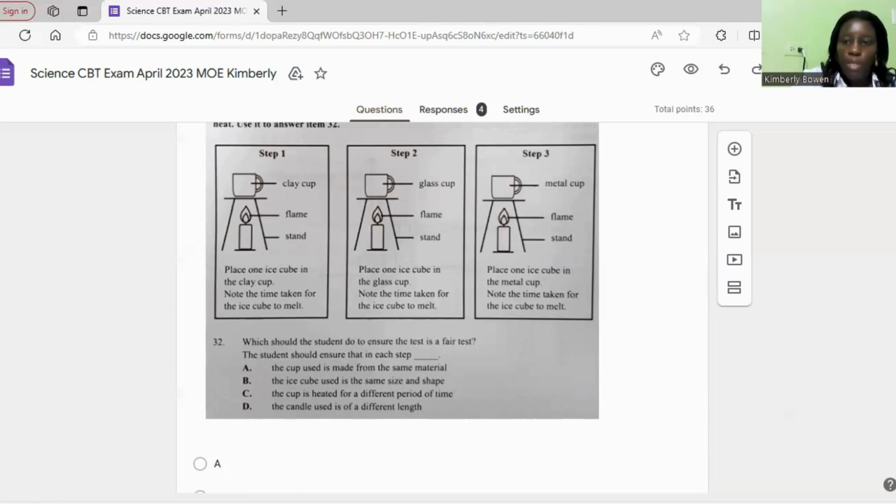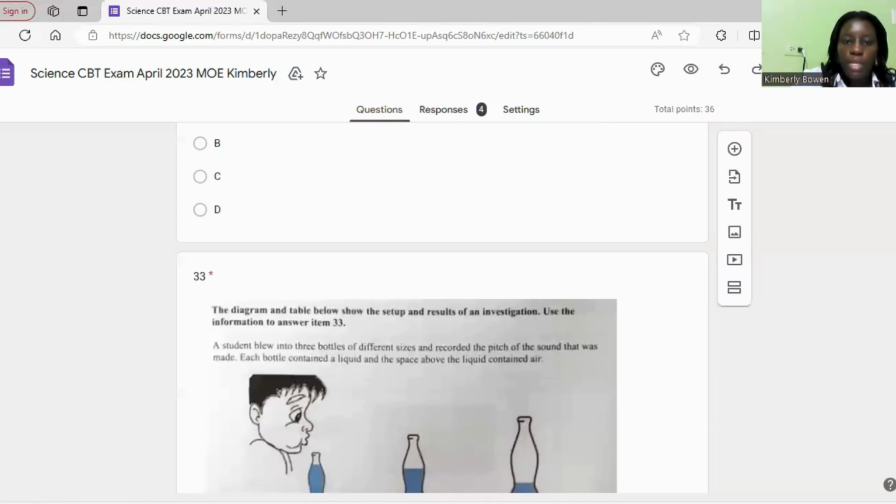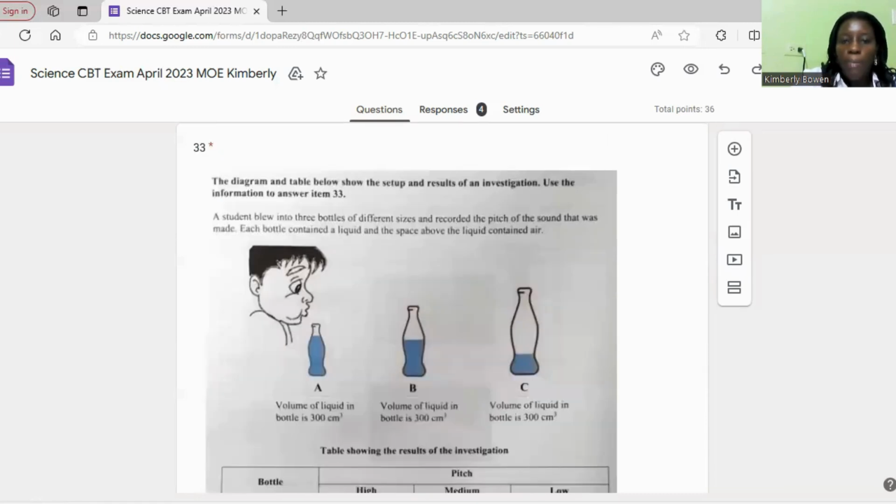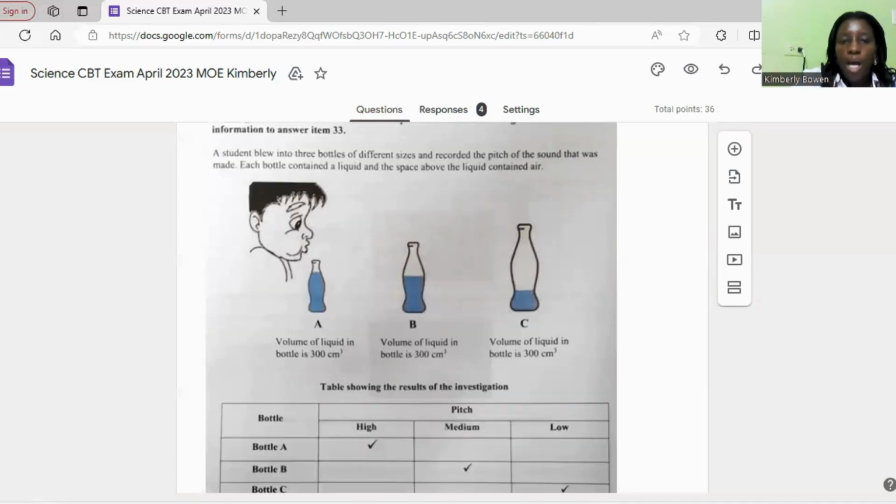Let's move on to number 33. The diagram and the table below show the setup and result of an investigation. Use the information to answer item 33. A student blew into 3 bottles of different sizes and recorded the pitch of the sound that was made.